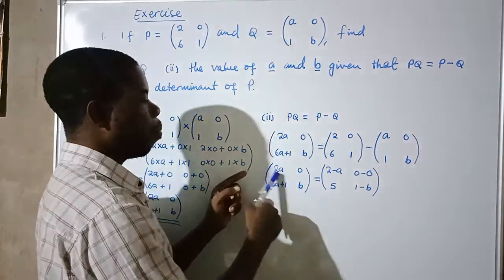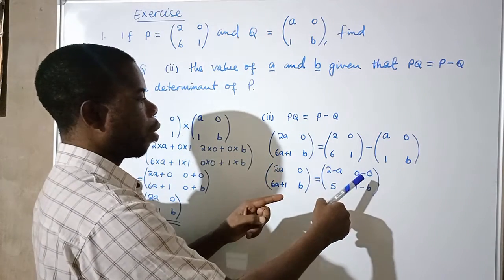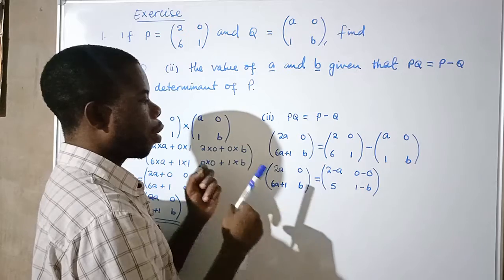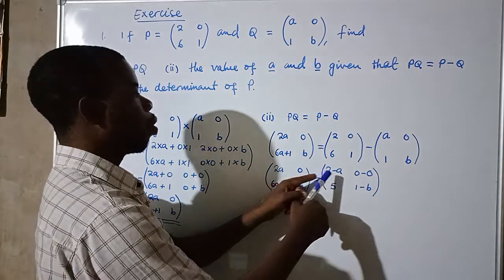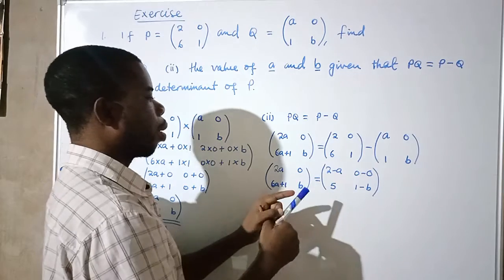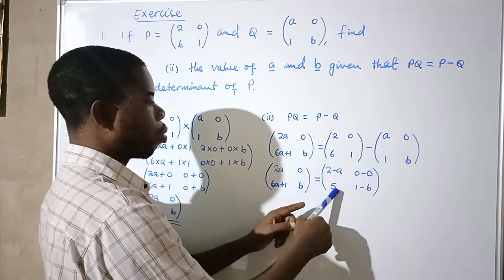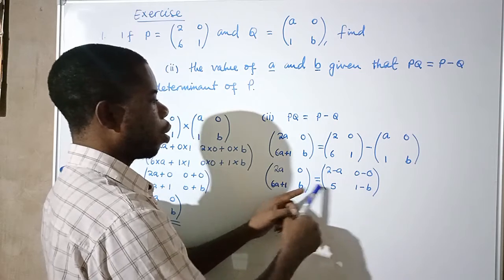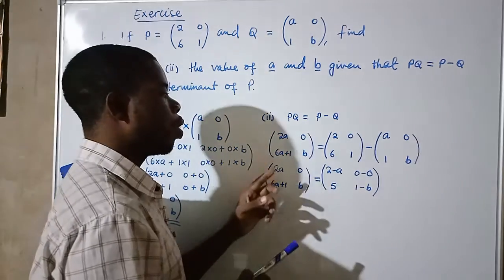It means this element here is equal to that one. This one is equal to this one here, and this one is equal to that. This one is equal to this. And then this one is equal to that. So it will be so easy.